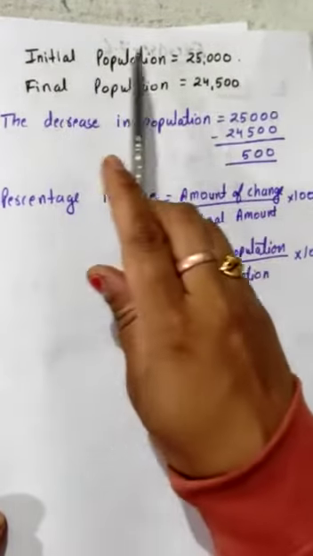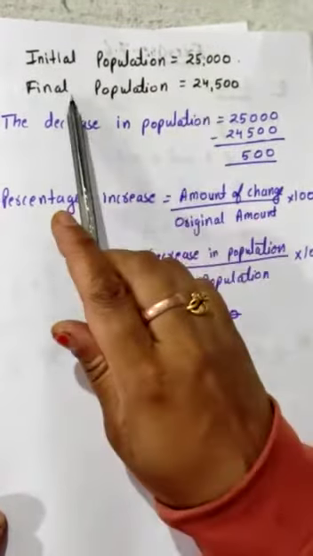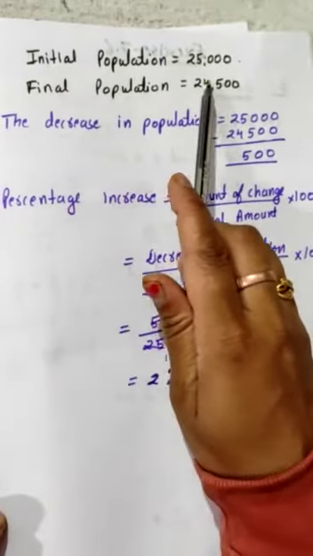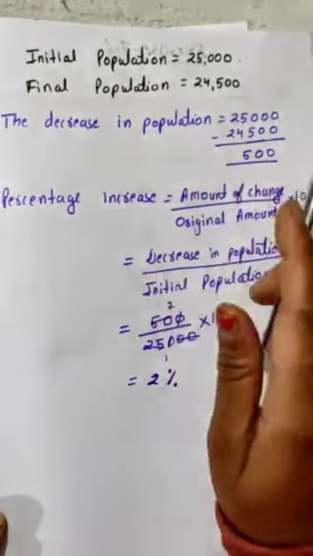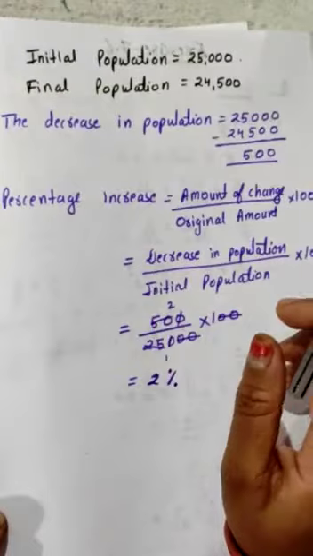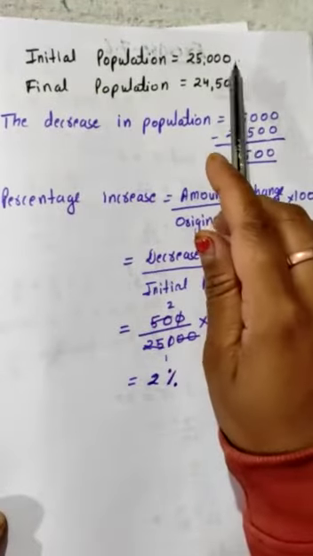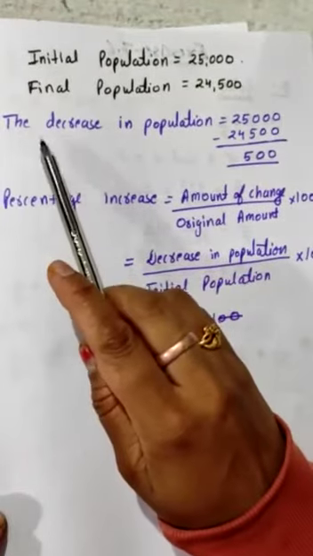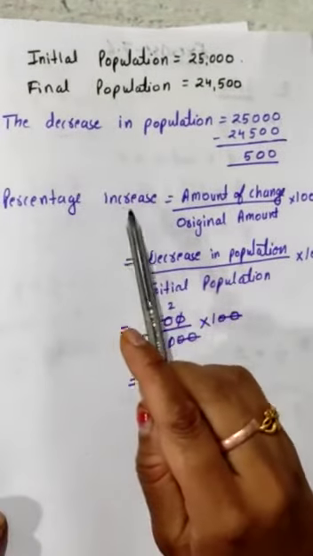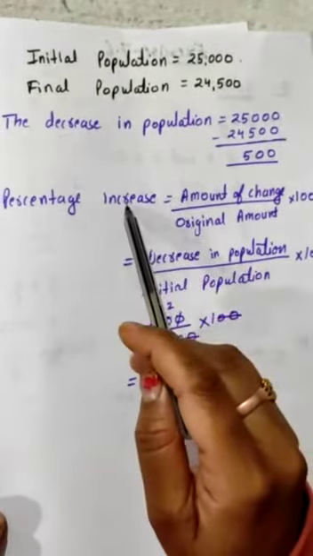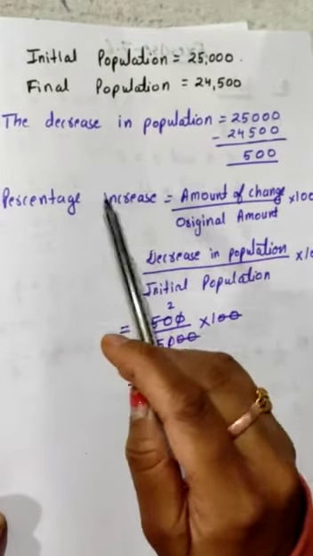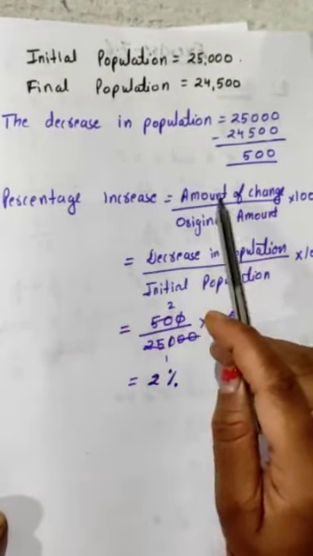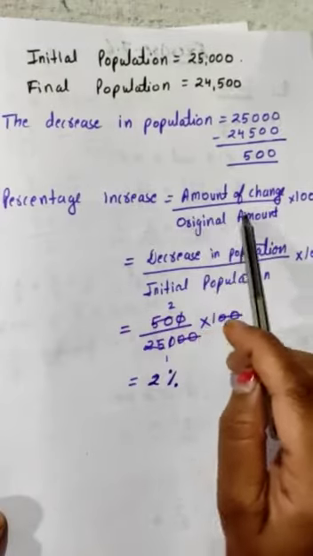In these types of questions, time doesn't matter, whether this population is given after 1 year or 2 years. Now the formula for percentage decrease will be amount of change upon original amount into 100.